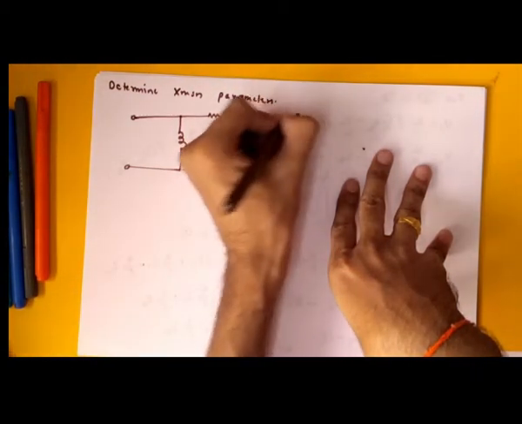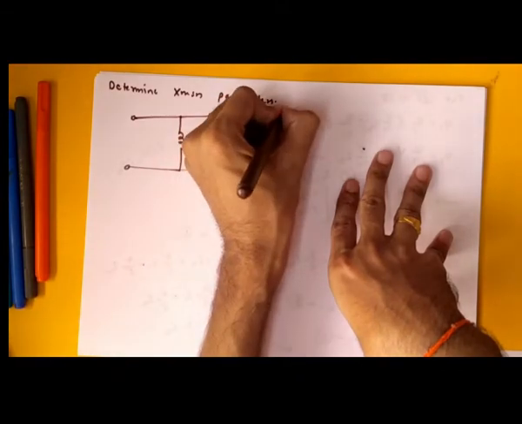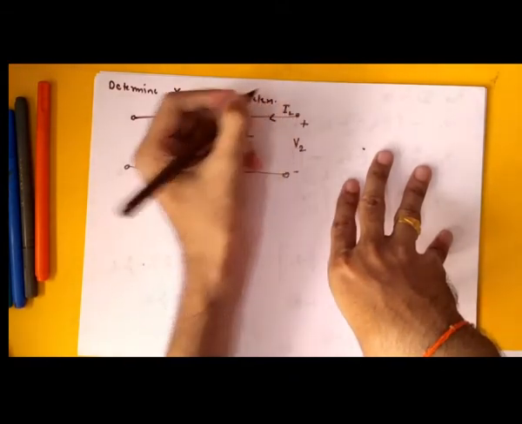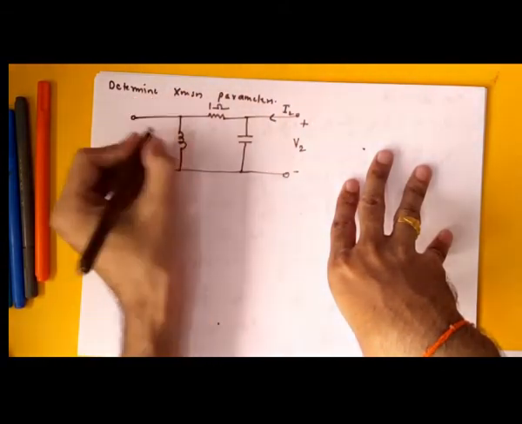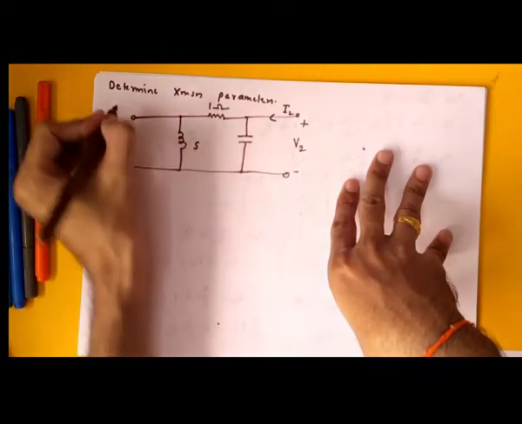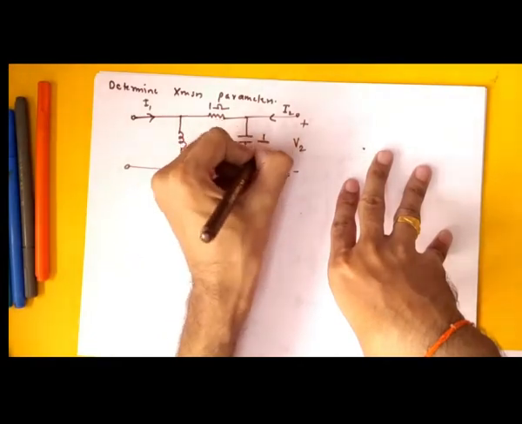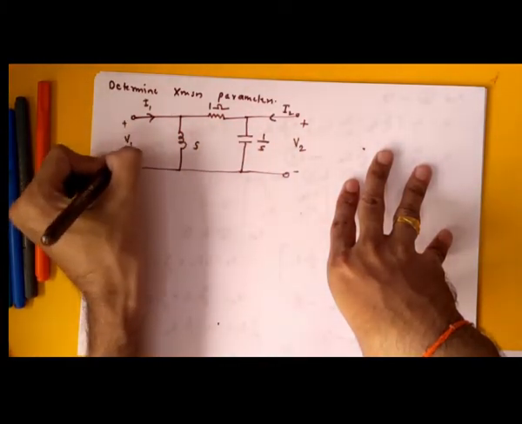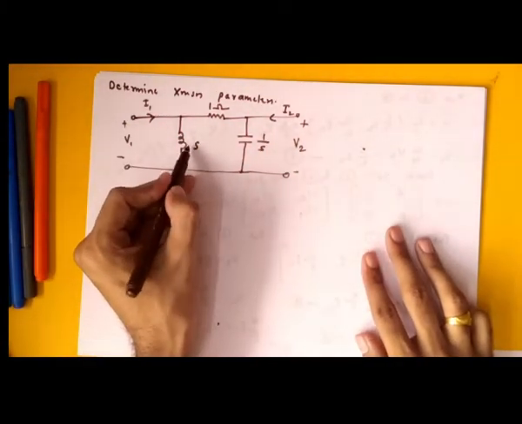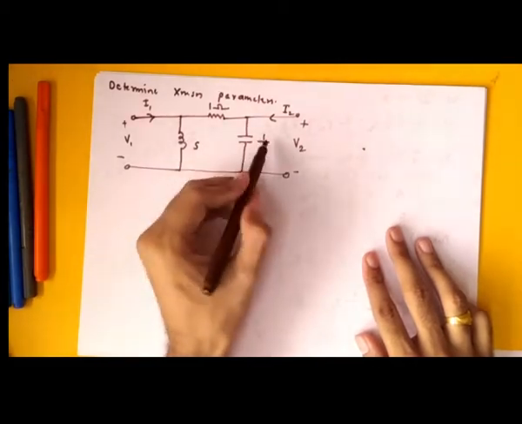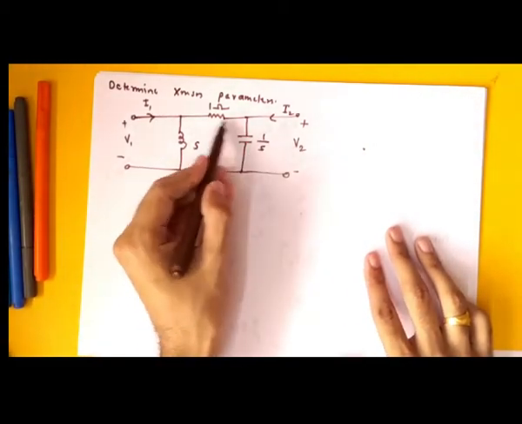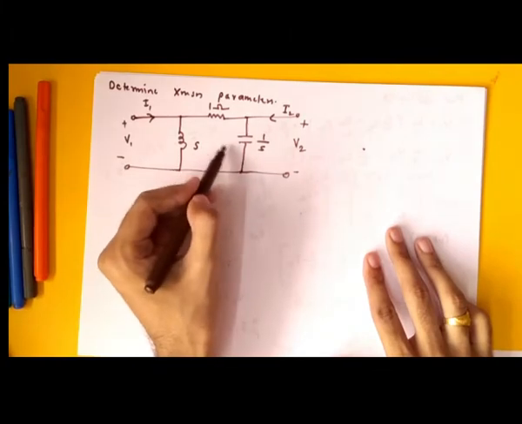V2 plus minus I2. This is 1 ohm. This is S. So they have already given in transformed way. What we'll do if this was 1 Henry and this was 1 farad? Then we will have to convert it to transform domain, that is Laplace domain.